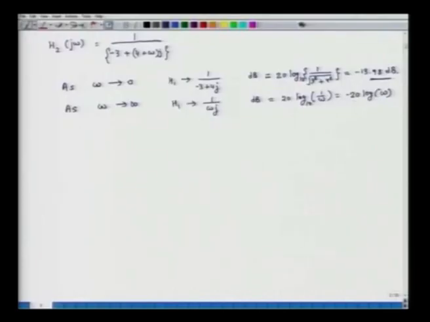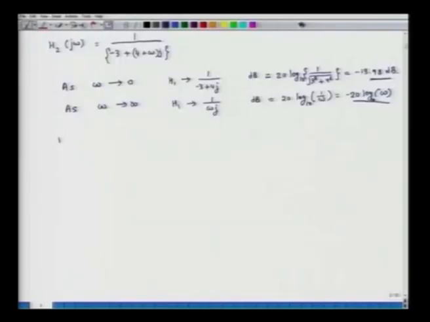So, once again the low frequency asymptote is represented by a constant horizontal line, negative 13.98 decibels away from the horizontal axis, and the high frequency asymptote will be a straight line with a negative slope of minus 20 decibels per decade.